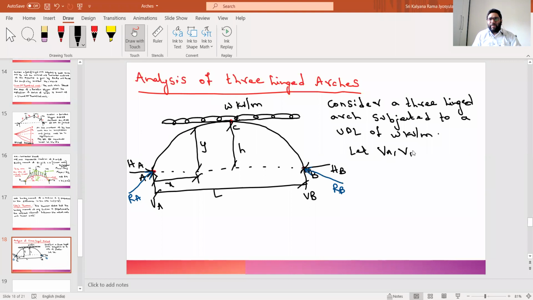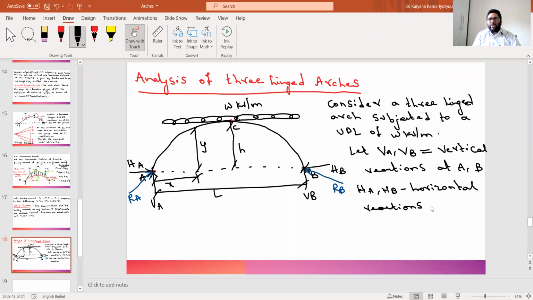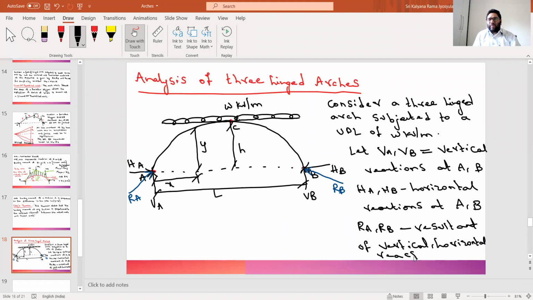Let VA, VB be the vertical reactions at A, B, HA, HB the horizontal reactions at A, B, and RA, RB be the resultants of vertical and horizontal reactions.